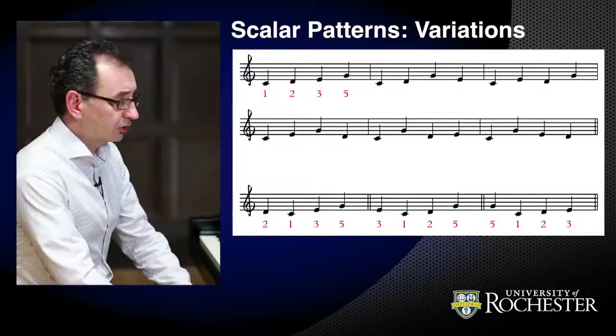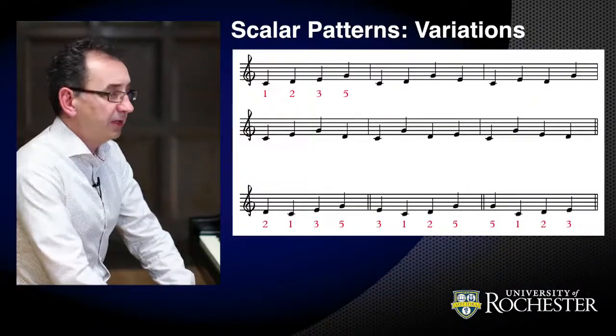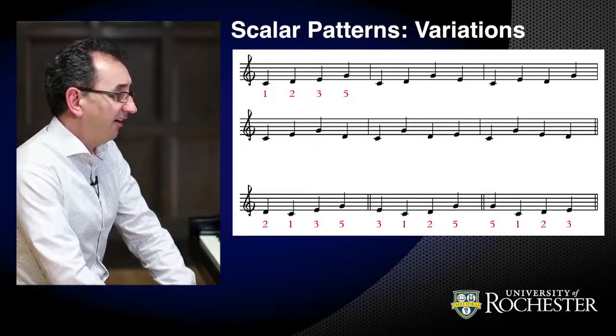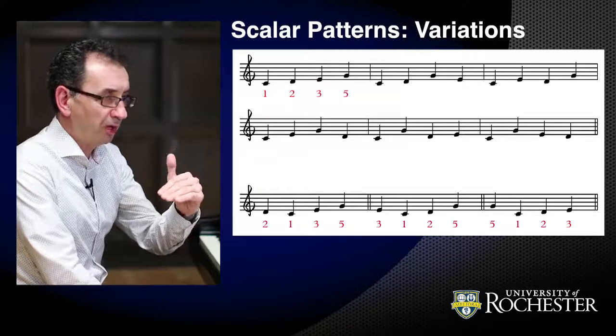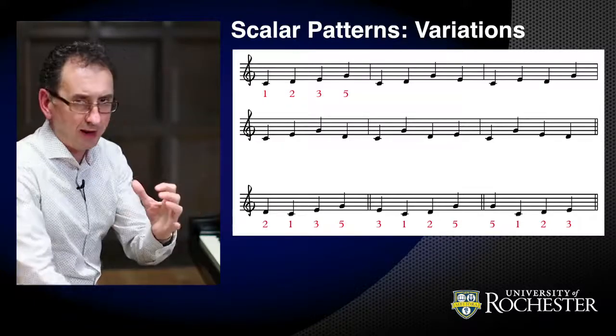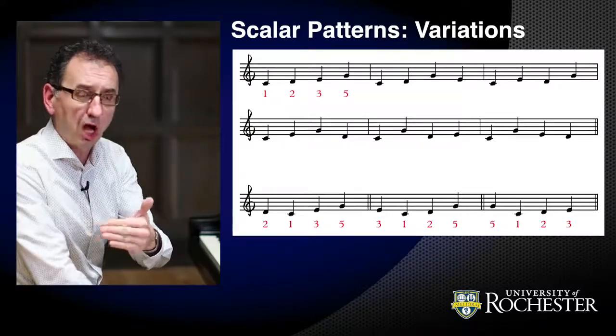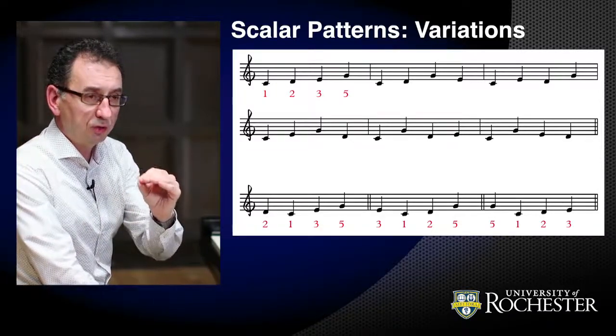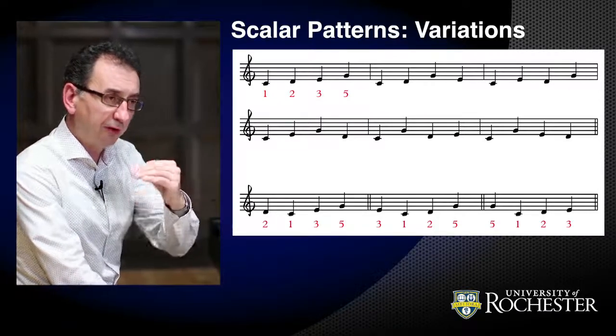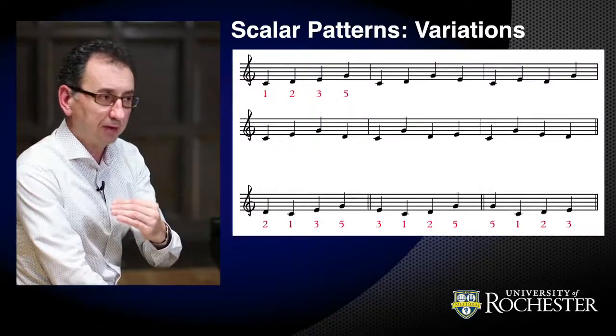Now, on the next screen, you can see the use of the 1, 2, 3, 5 pattern along with different permutations. So we're going to treat them in the same way we treated our chord arpeggiation in an earlier lecture. We're going to utilize and exploit different permutations of that pattern.